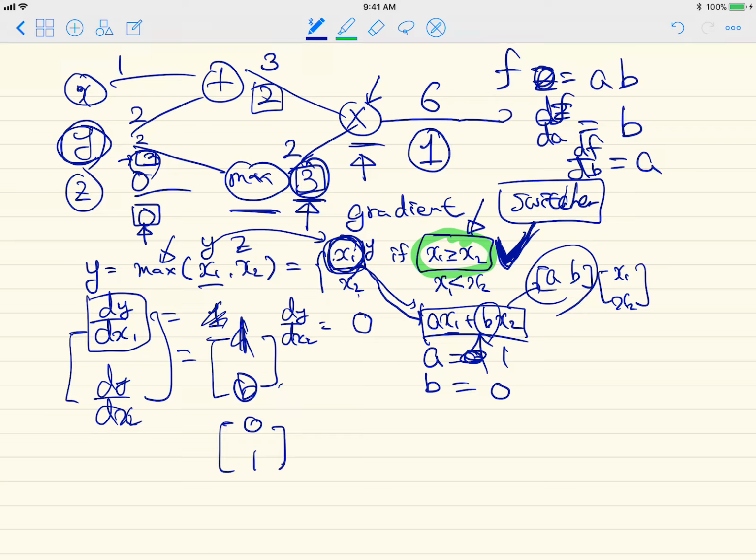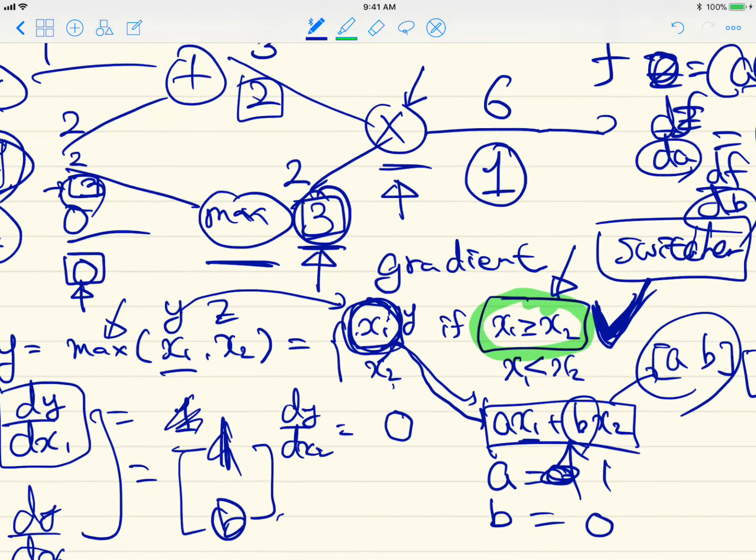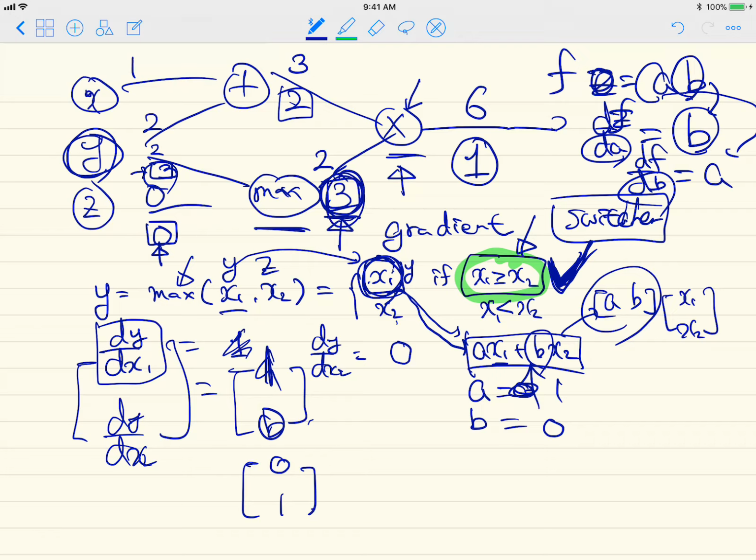So in this case, the gradient will be this guy and this guy for a and b. This guy will be multiplied to generate this guy, and this guy will be multiplied with this guy to generate this guy, right? So that way the gradient will be switched between a and b. Okay, so far so good, right?